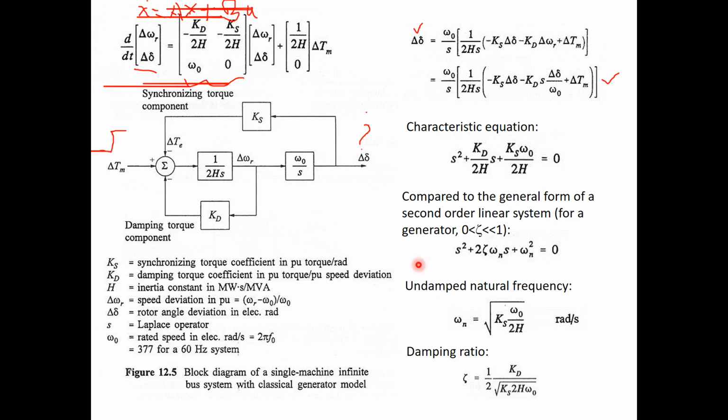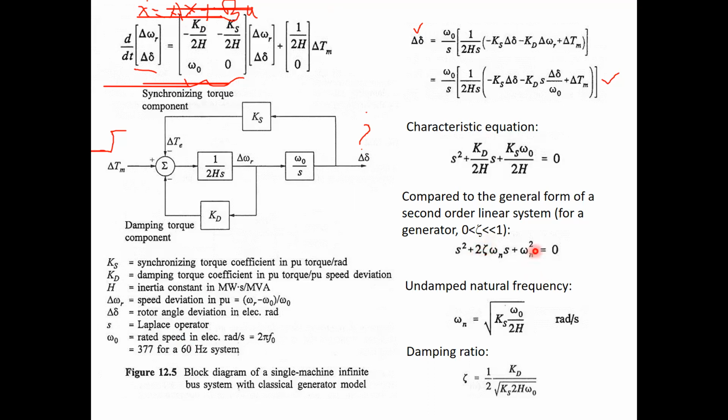We didn't reach that yet, but maybe. So this second order we can write in this way: s squared plus 2 zeta omega n s plus omega n squared. In general we write it with the damping ratio, varying from 0 to 1. So this is the damping ratio or the damping factor.